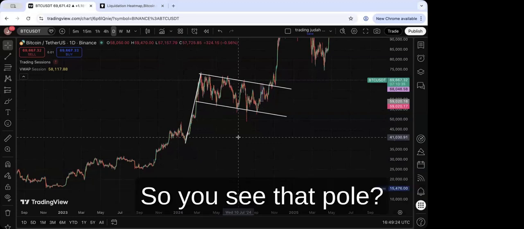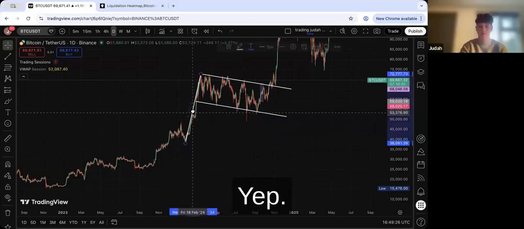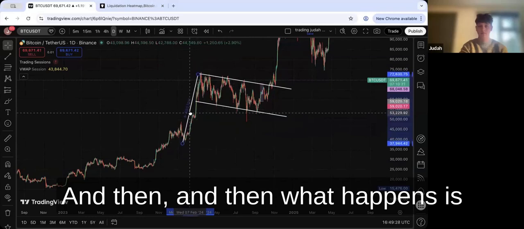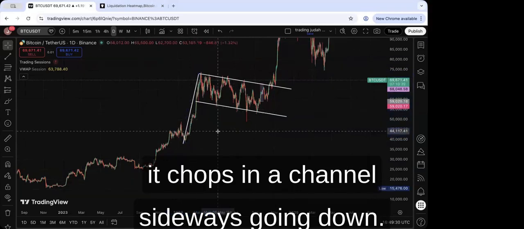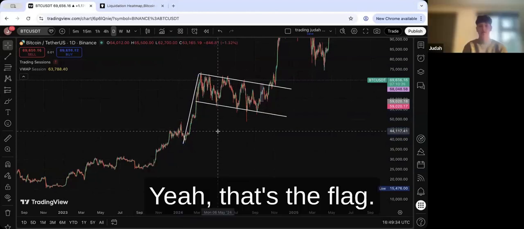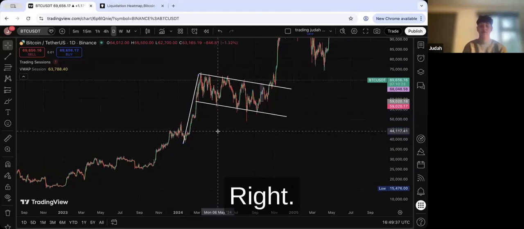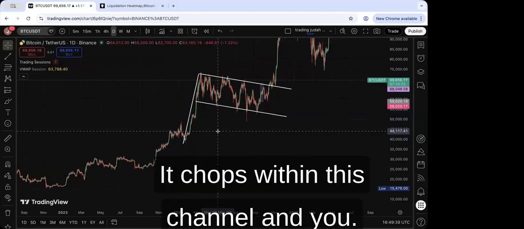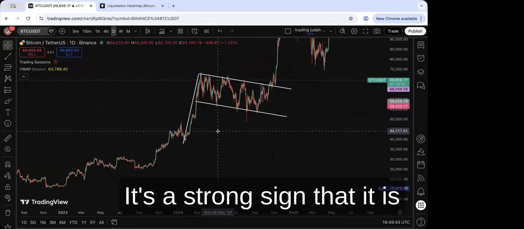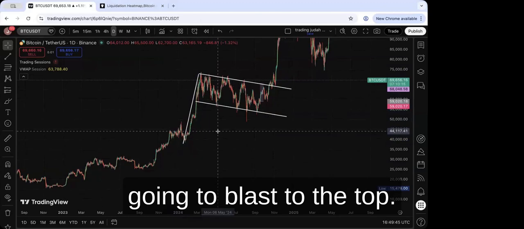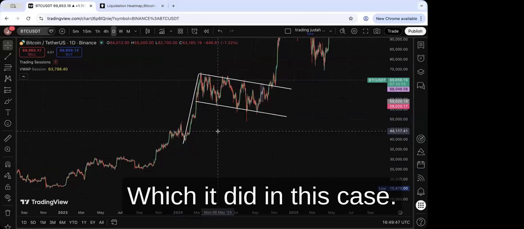You see that pole, the pole of the flag. Then it chops in a channel sideways going down. That's the flag. It chops within this channel, and it's a strong sign that it is going to blast to the top, which it did in this case.